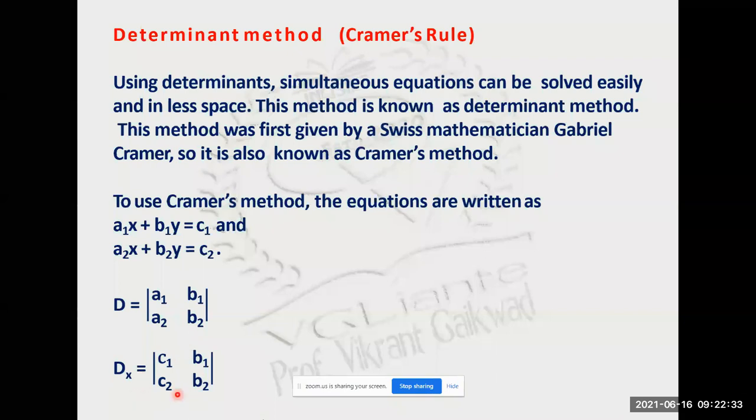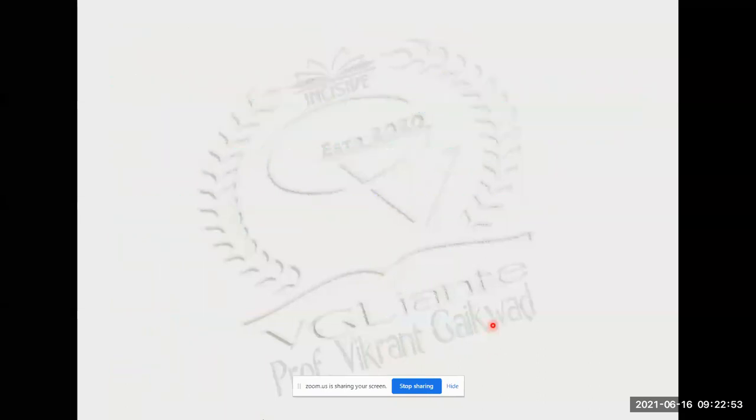For determinant of x, that is Dx, we write c1, c2, b1, b2, and for determinant of y, that is Dy, a1, a2, c1, c2, all written in matrix form. So x is given as determinant of x upon determinant D, and y equals determinant of y upon determinant D, that is Dy upon D.